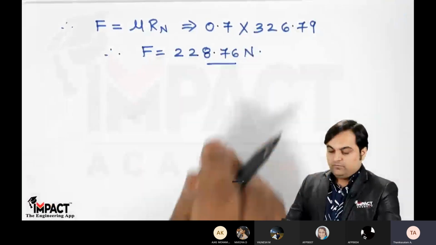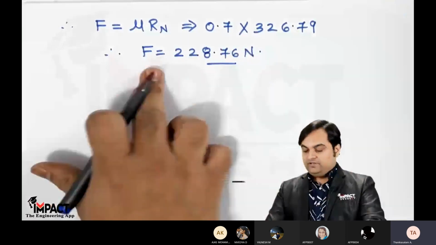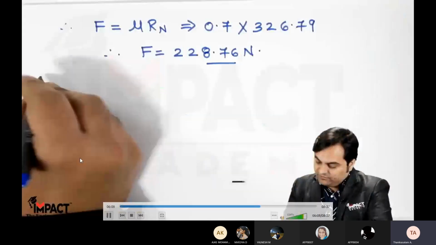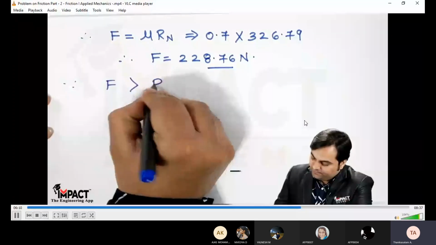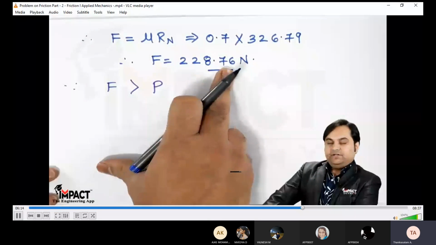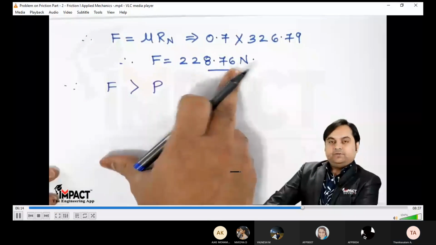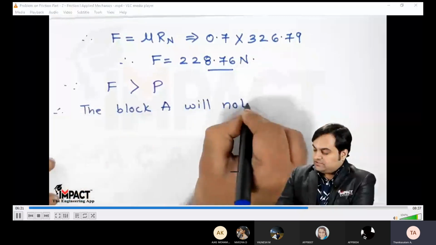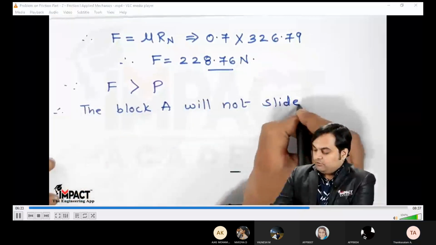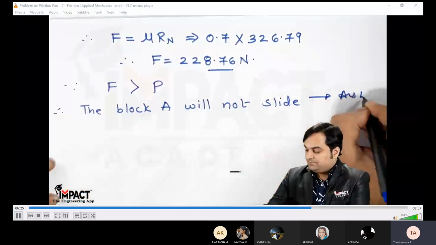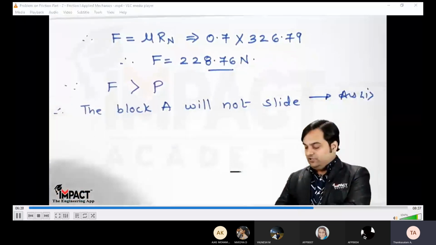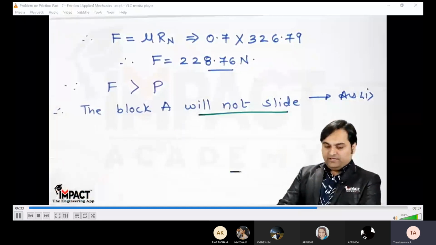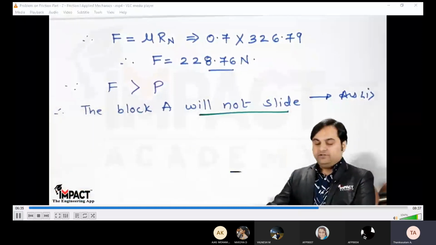Now I can compare the friction force with the effort P. Since the friction force is greater than the effort P, because P is 100 Newton and the friction force is 228.76, the block A will not slide, it will not move. So that's the first answer. Even with the application of the force, the block will not move because the friction force is higher.